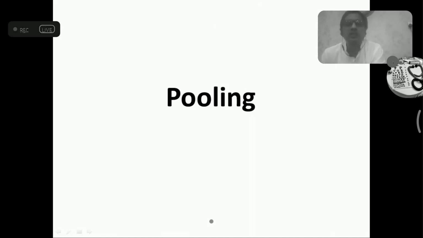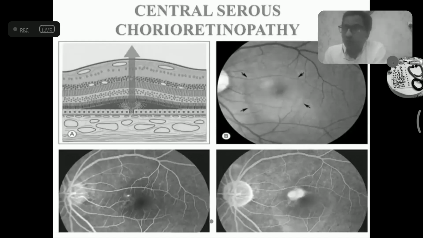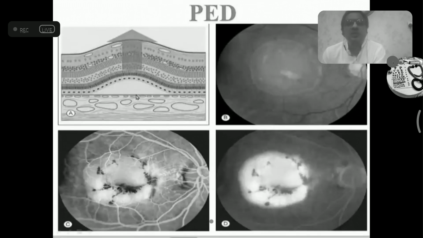Hyperfluorescence also occurs in the case of pooling. Pooling is subretinal and sub-RPE. This is subretinal, as in serous retinal detachment. I will discuss this later. Pigment epithelial is sub-RPE. There are two types, subretinal and sub-RPE.